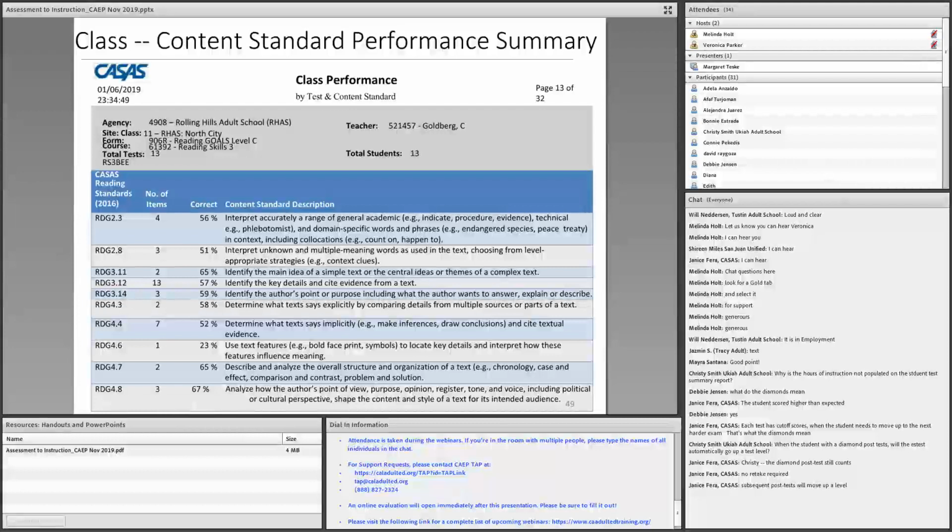This class is kind of in the middle on almost all items, except this one, which could easily be taught using text features. What does boldface print mean? Symbols? How do you locate details? Things like that may help the teacher know exactly what to focus on.